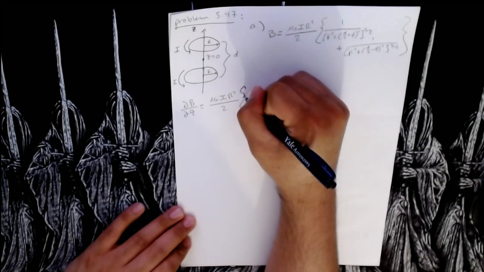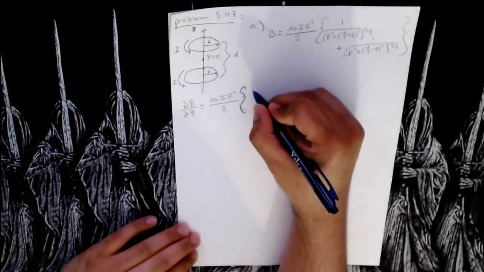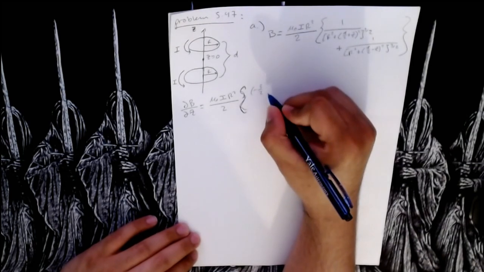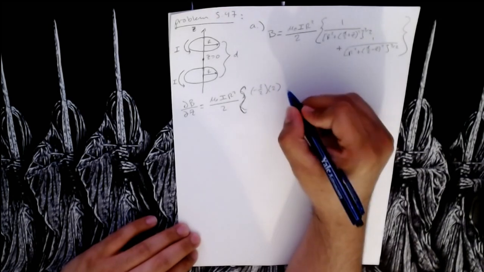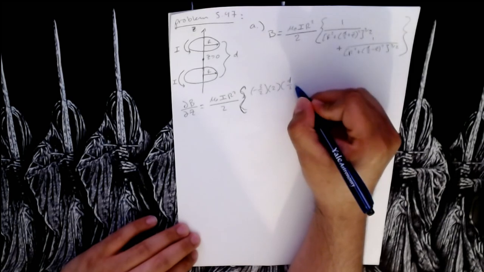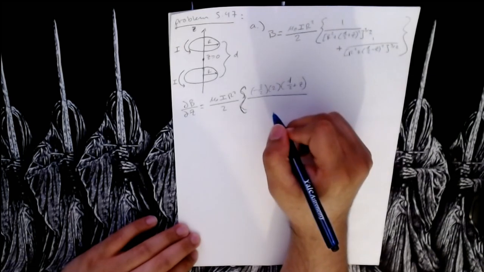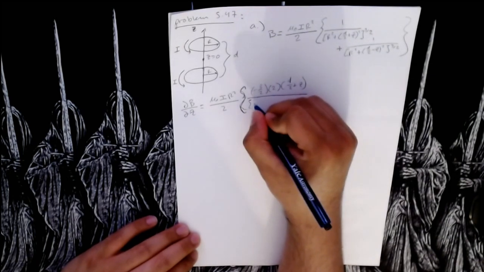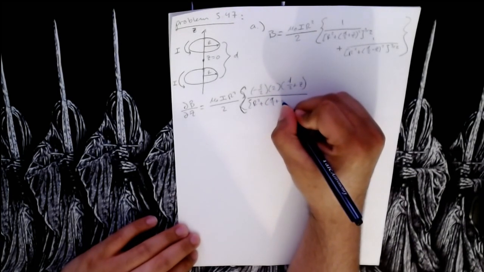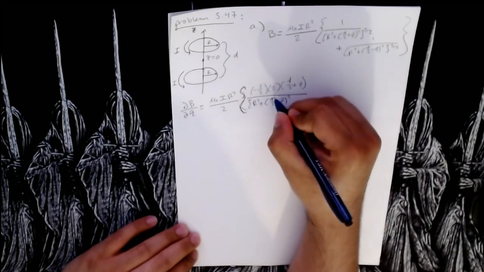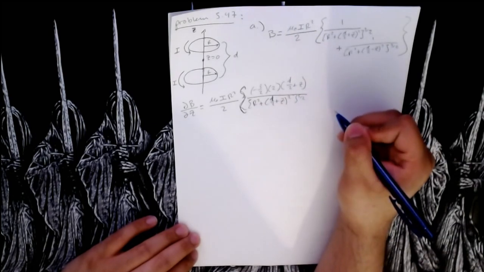Let's see, I'm going to have a negative 3/2 times 2, (d/2 plus z) for the top factor, over r squared plus (d/2 plus z) squared, all of that to the 5/2.